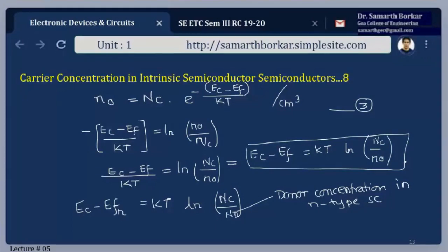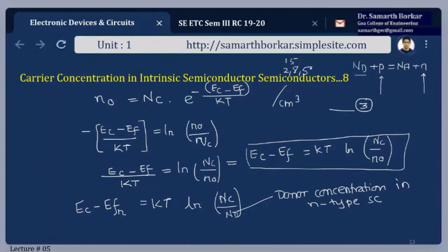For charge densities in semiconductors, we have ND plus p equals NA plus n. n is the number of electrons, p is the number of holes, ND is the atoms which are donating electrons. The moment they donate the electrons, the net positive charge will be more. For example, phosphorus has atomic number 15, so 2, 8 and 5.